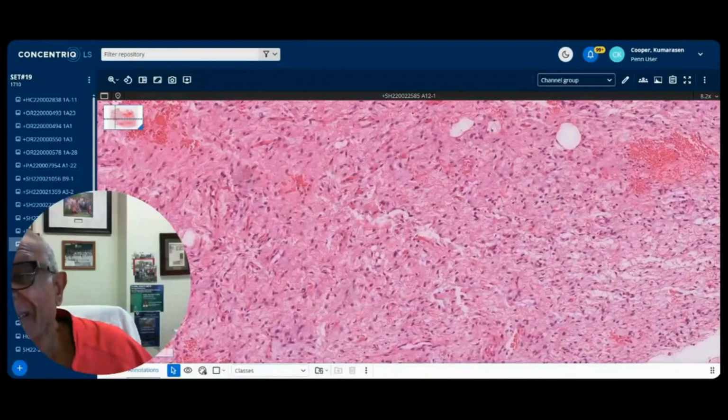But that's another story. That's also been an interesting discussion that's emerged or re-emerged, the well-differentiated liposarcoma with spindle cells versus the low-grade dedifferentiated liposarcomas, and that's been written about in the last few years.